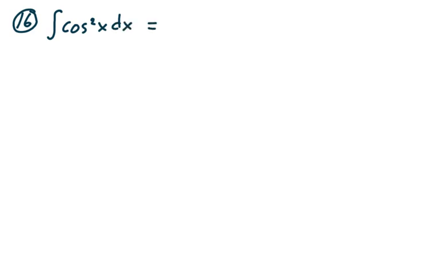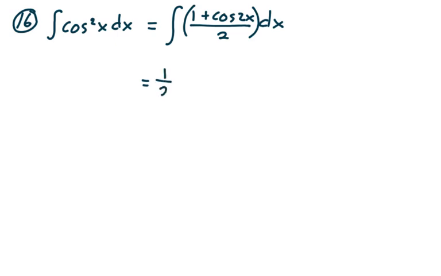And I'm going to rewrite this as the integral of 1 plus cosine 2x divided by 2 dx. Okay, now I'm going to move the 1/2 out in front of the integral. So essentially, I have 1/2 the integral of 1 plus cosine 2x dx.